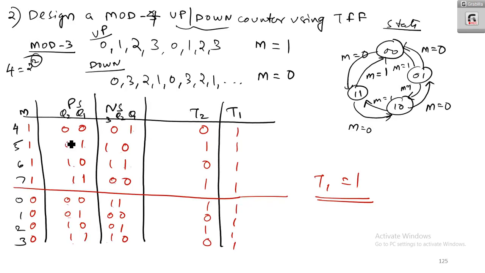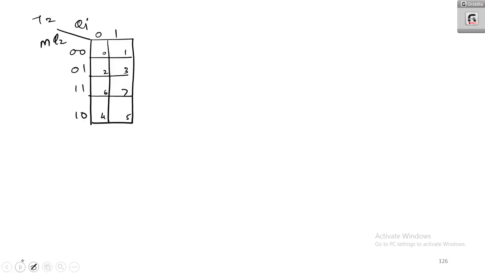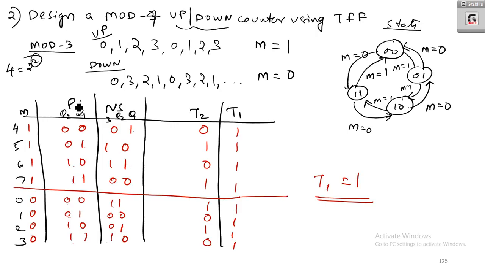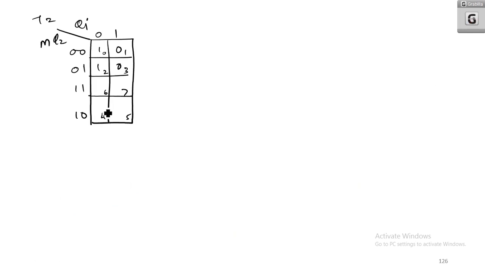Now what is the value for T2? For 0, 1, 2, 3 it is 1, 0, 1, 0. Now for 4, 5, 6, 7 it is 0, 1, 0, 1, right?